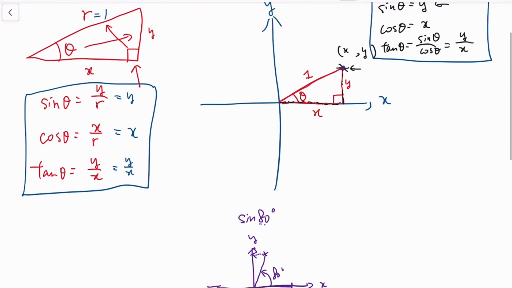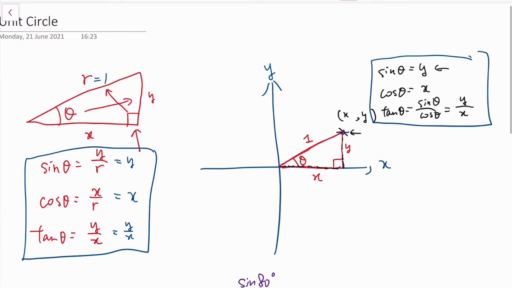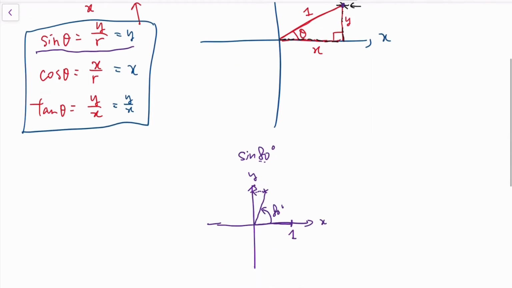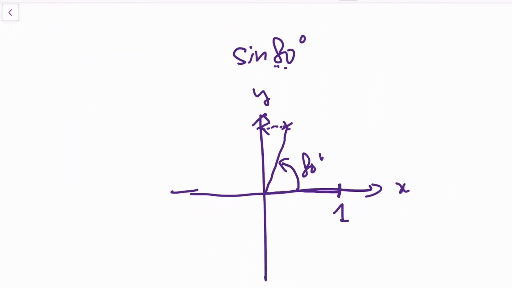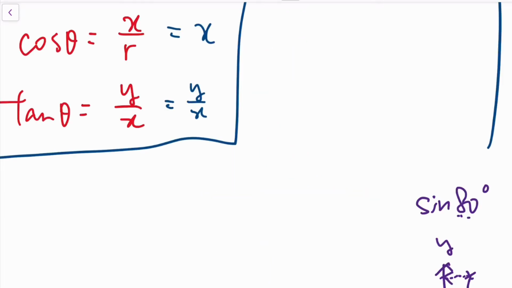And I hope it's obvious that it will match with the value of sine 80 according to the old definition. Because you could draw a right angle triangle with an angle of 80 and the value you obtained from there would be the same as this, because again, we basically have a hidden right angle triangle somewhere. So the two definitions agree.